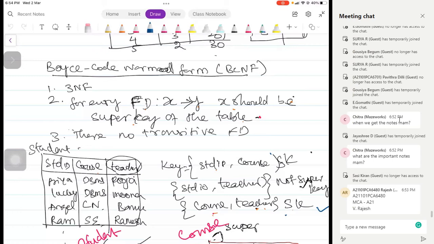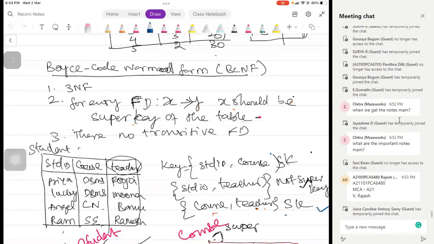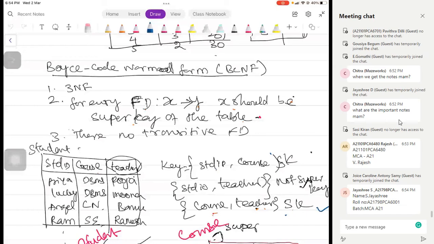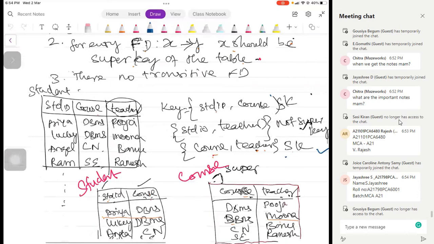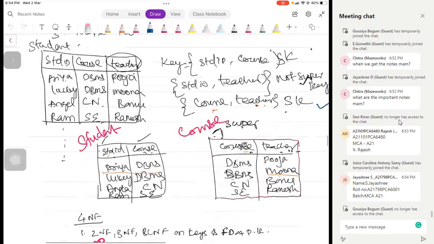There is no transitive functional dependency. That is already in the third normal form itself. So in Boyce-Codd normal form, what is the thing you need to specifically consider about that? X should be a super key of the table.